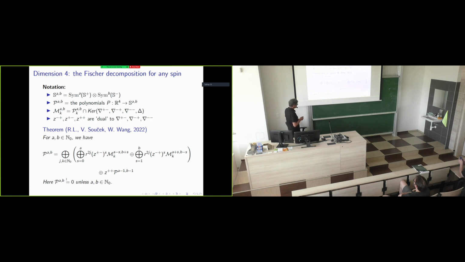And the last term means just that the operator Z plus plus embeds into this decomposition for the given spin or type AB, the polynomials of spin less by 1. So using this decomposition inductively, you can get easily the corresponding Fisher decomposition for any spin.